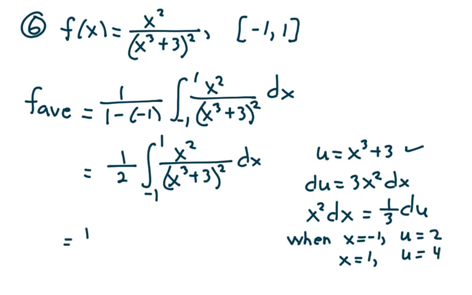And so I get 1/3 times 1/2 times the integral from 2 to 4 of 1 over u squared du. Okay? 1/3 times 1/2 is a 1/6.